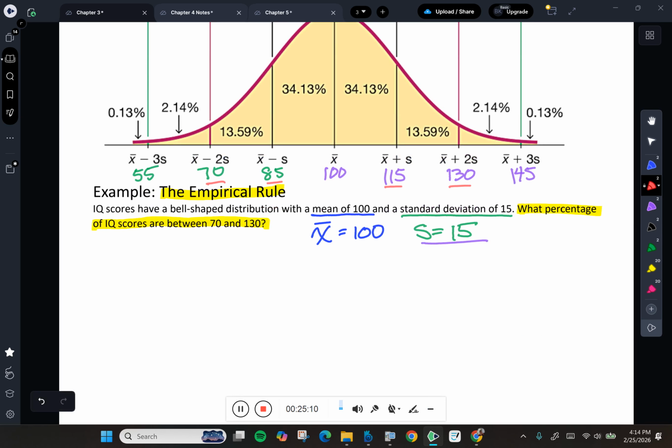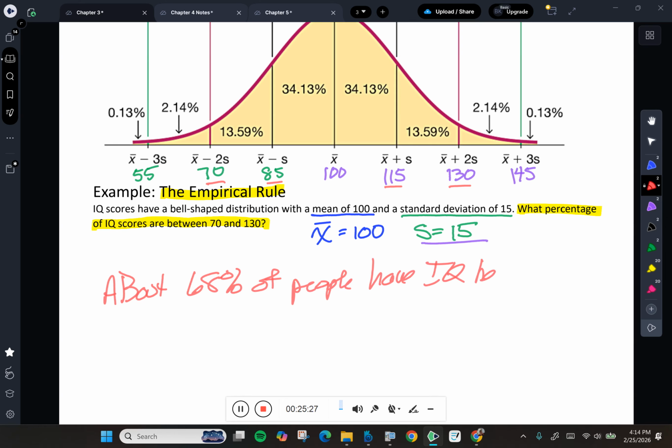So the statements that I could make would be about 68% of, what are we looking at, people have an IQ between, what is that, 85 and 115.